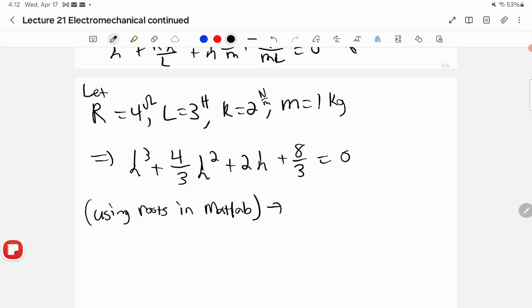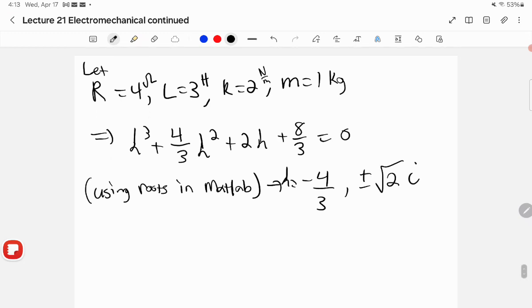And what I found with the roots of this function is lambda equal to minus 4/3, and plus or minus the square root of 2 times i.